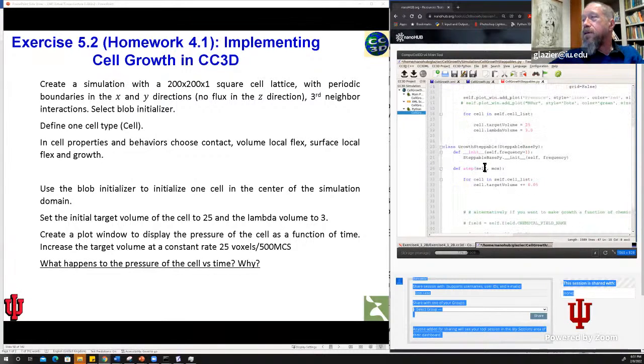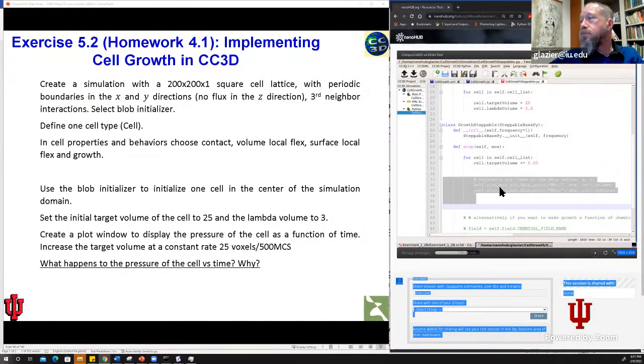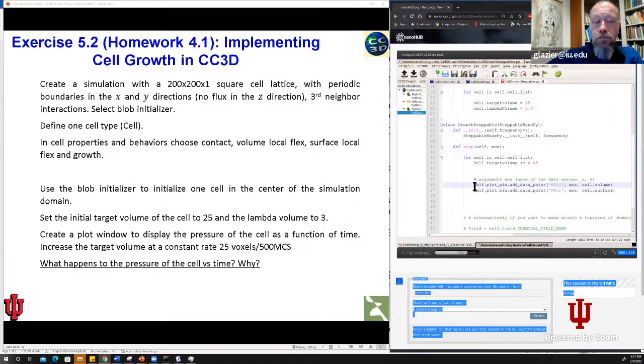And then in the step function, I will plot pressure. And that should be in the loop.